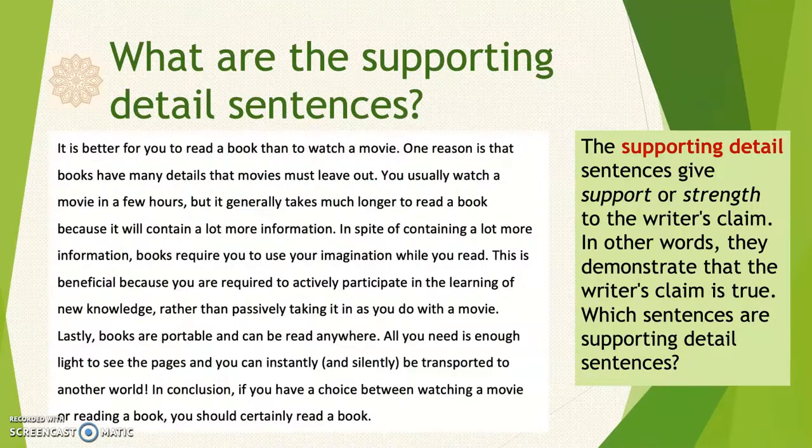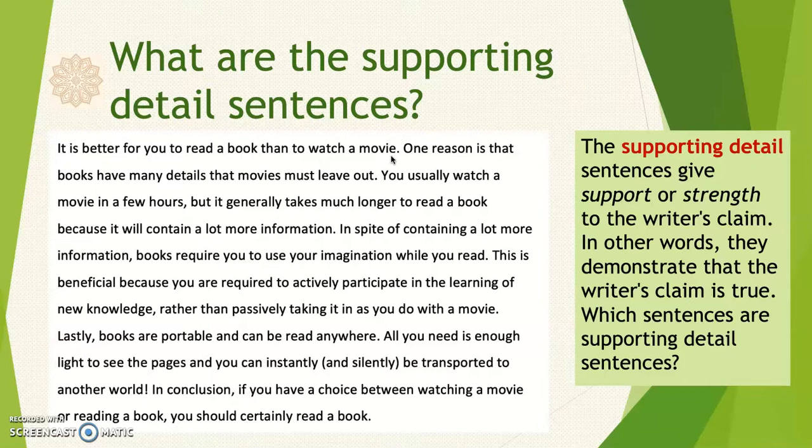So now, look at this paragraph again and identify which sentences in this paragraph strengthen the writer's claim. Now we know that the writer's claim is, it is better for you to read a book than to watch a movie.